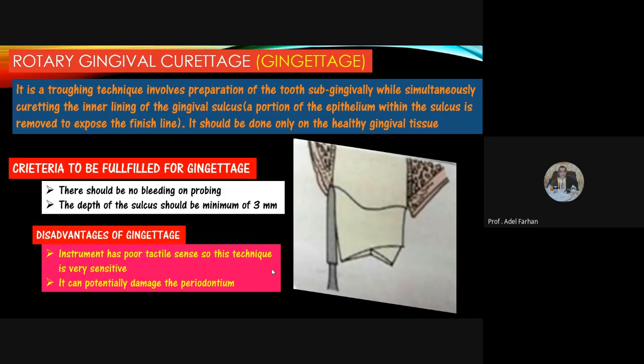It is a toughening technique involving preparation of the tooth subgingivally while simultaneously cutting the inner lining of the gingival tissue. During preparation you can use the diamond bur subgingivally. You must be highly experienced so that you do not traumatize the tissue.